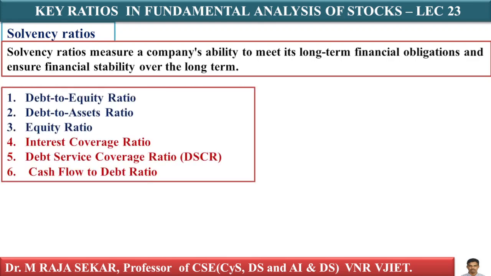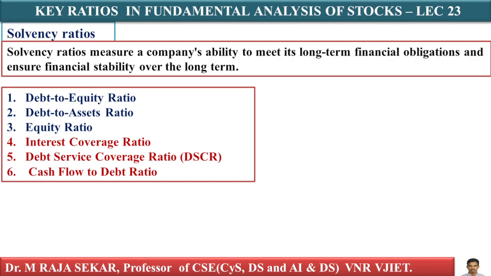Actually, these are debt to equity ratio, debt to assets ratio, equity ratio, interest coverage ratio, debt service coverage ratio, cash flow to debt ratio. These ratios come under solvency ratios, in which we will try to understand the first three ratios.